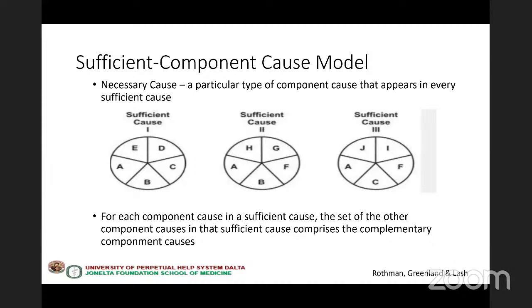A necessary cause is a particular type of component cause that appears in every sufficient cause. For each component cause in a sufficient cause, the set of the other component causes in that sufficient cause comprises the complementary component causes.